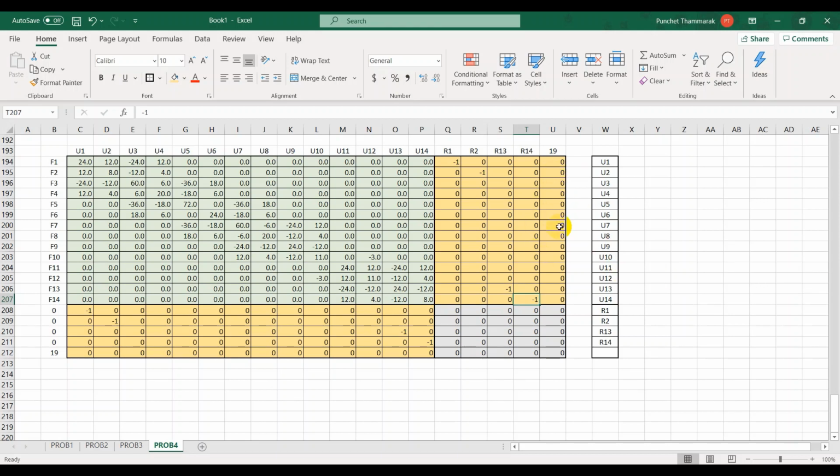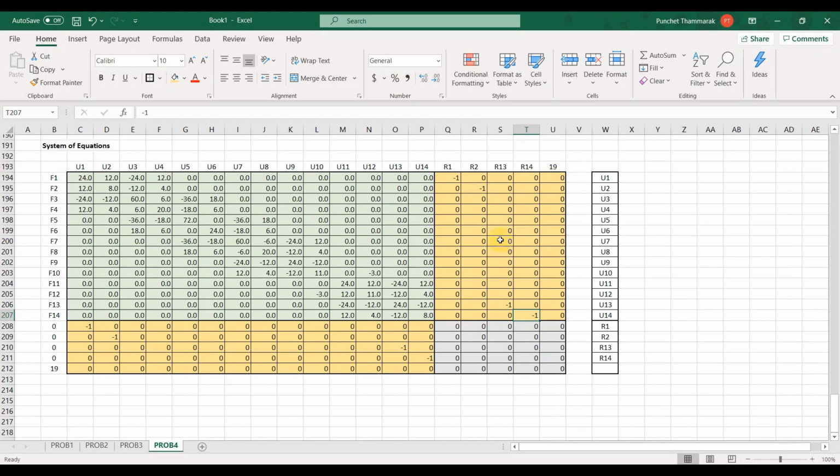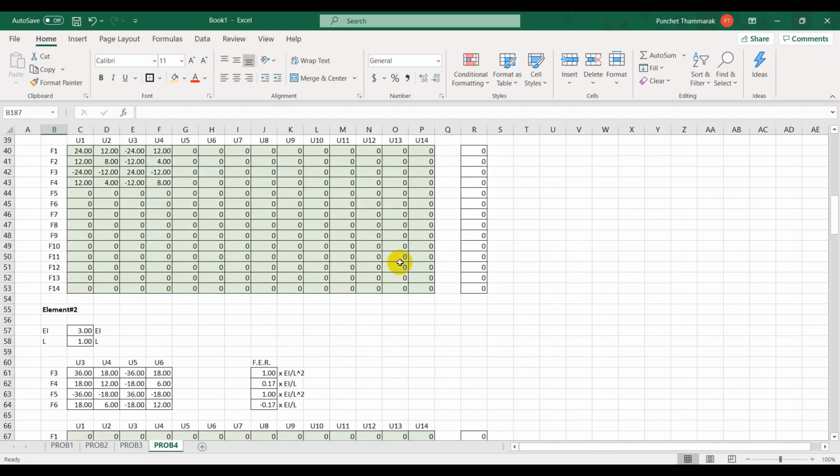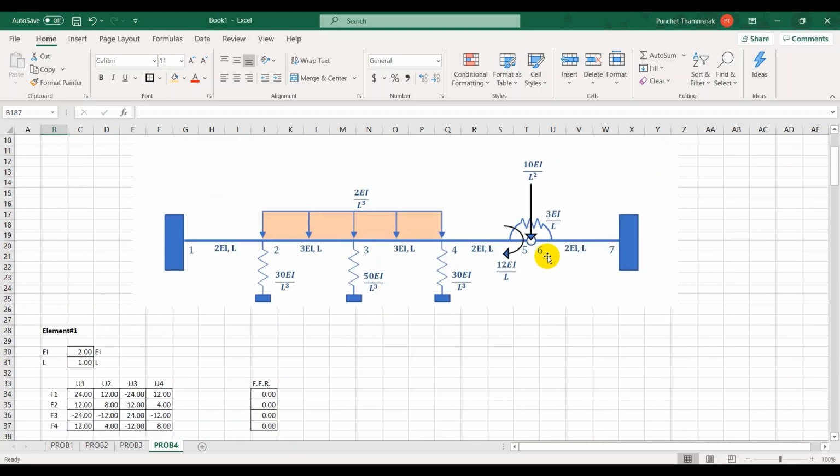The next is going to be the equation that governs the hinge. So you look at the hinge. What do you have? You have the hinge forces, which are F9 and F11. F9 and F11 add up. Okay, F9 is pointing upward, F11 is pointing upward, and this point force 10 is going downward.